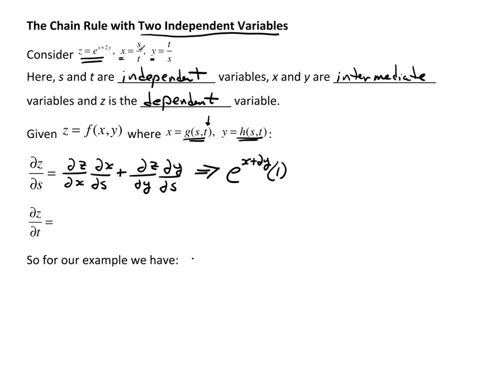Well, with respect to s, t is just a constant, so this is like s over t, and the derivative would just be 1 over t. Again, keep in mind, with respect to s, t is a constant.